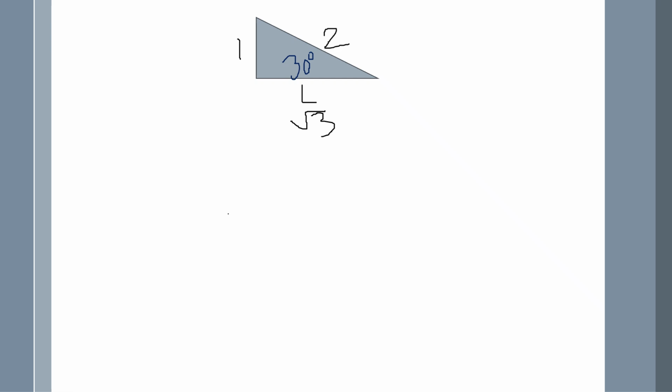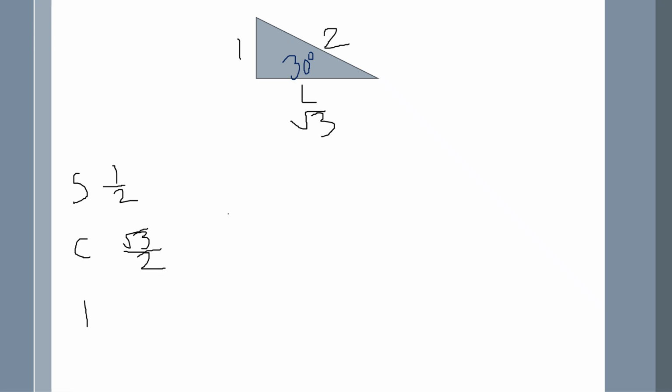Now we did our basic trig ratios, sine being 1 over 2. And again, this is for 30 degrees. Cosine being square root 3 over 2.